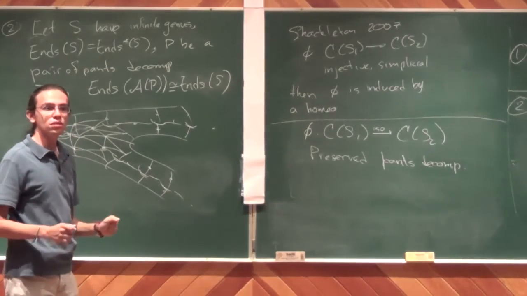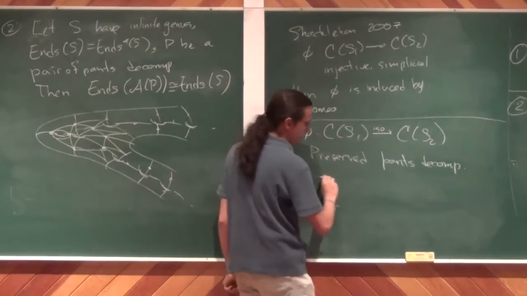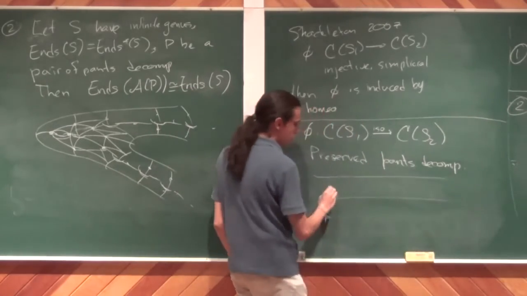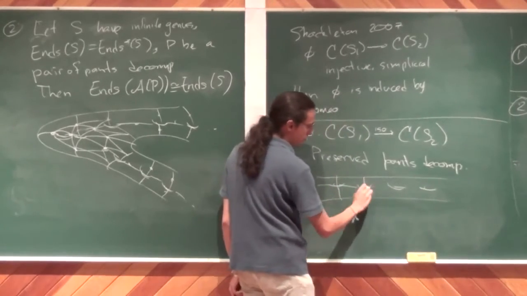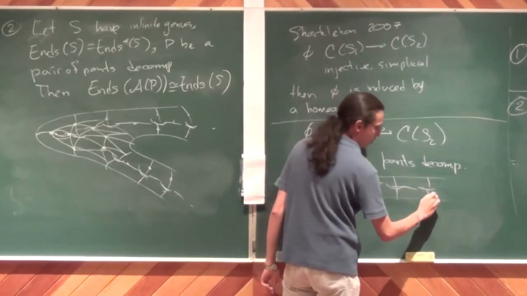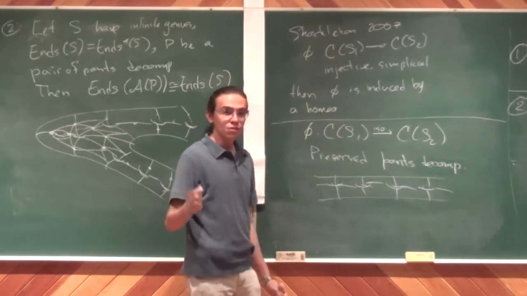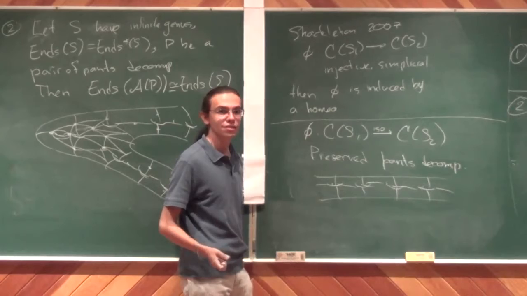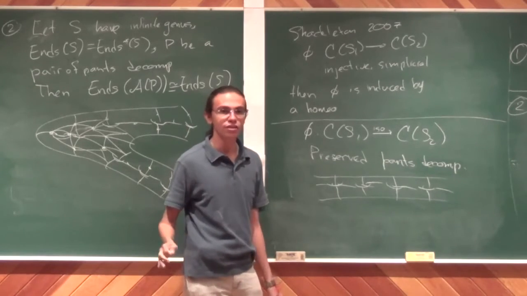So they do not accumulate really. For example, if you have an end here with a lot of genus here, you can always do something like this, and they will not accumulate. Right. They accumulate when we have planar ends. Well, a special kind of planar ends.